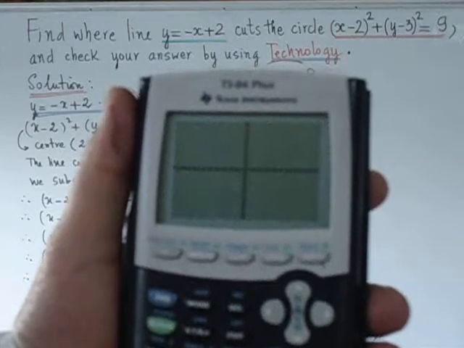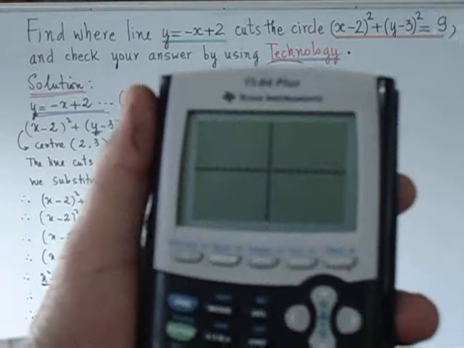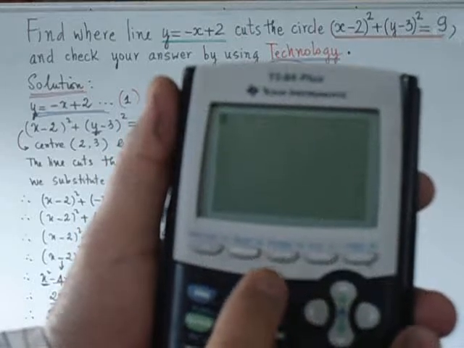Each side has 10 intervals. Now we have to set up the window.